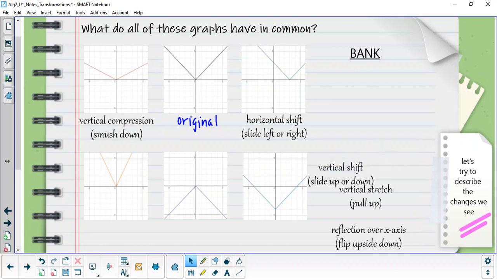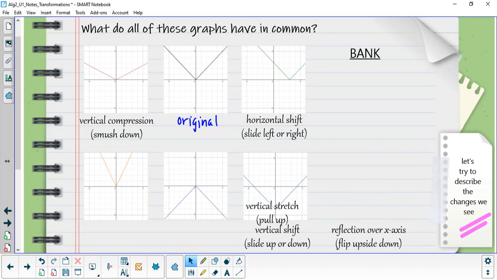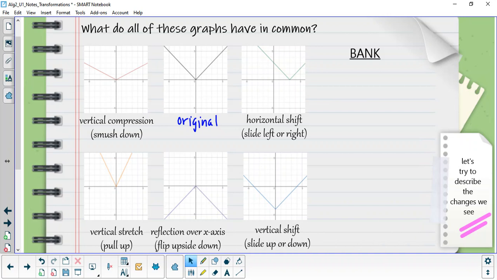A vertical shift up or down would be this bottom one. A vertical stretch, so one that has been skinny, it's pulled up, would be this example. And then lastly, the reflection is the one that flips upside down. So these are the options that we're going to have when we talk about transformations.